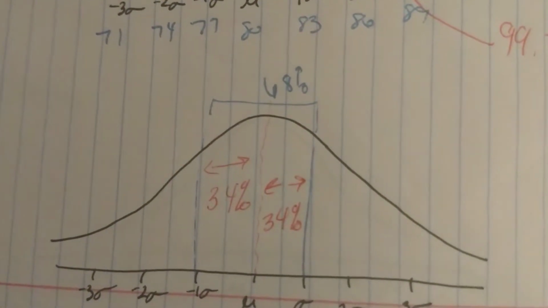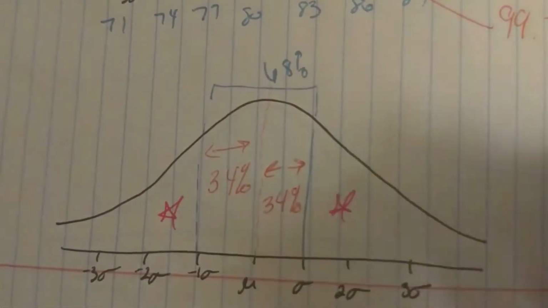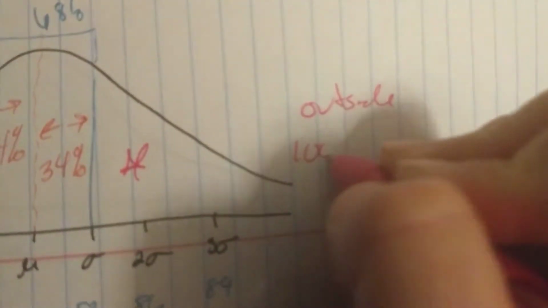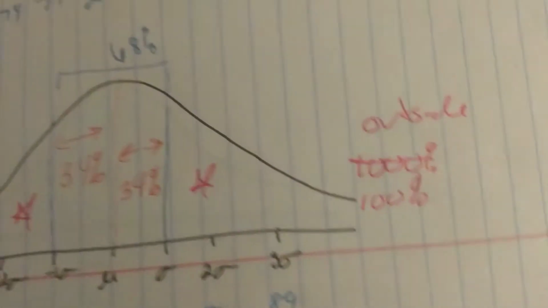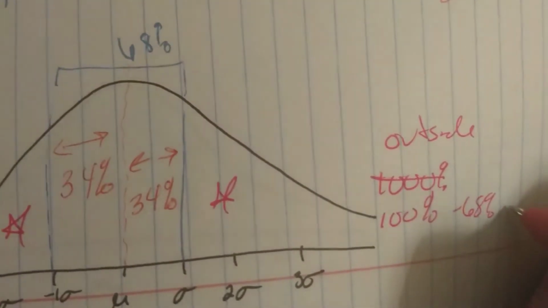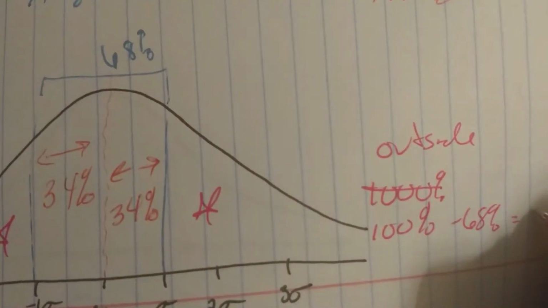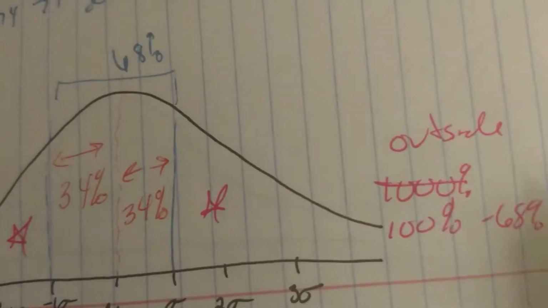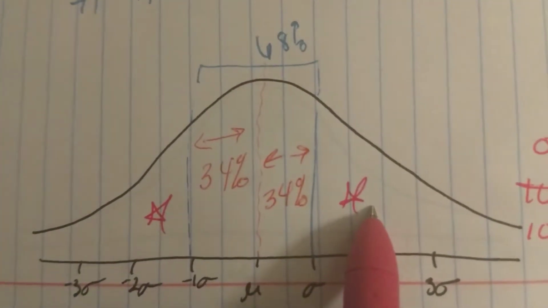Okay. Then what's left on the outside with these stars is going to be the 100%, which is underneath the curve in total, minus the 68%. If I do 100 minus 68, I get 32%. So these two stars represent 32% of the data.